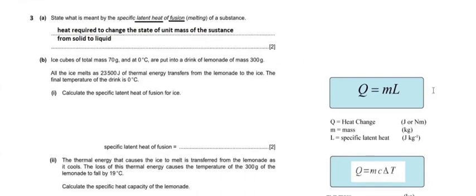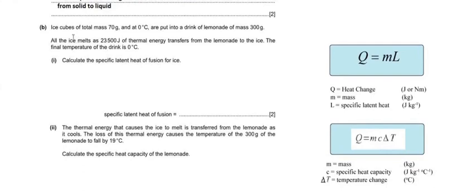Now the part B of the question. The ice cubes of the total mass 17 gram and at 0 degree Celsius are put into the drink of lemonade of mass 300 gram. All the ice melts as 23,500 joule of thermal energy is transferred from the lemonade to the ice.